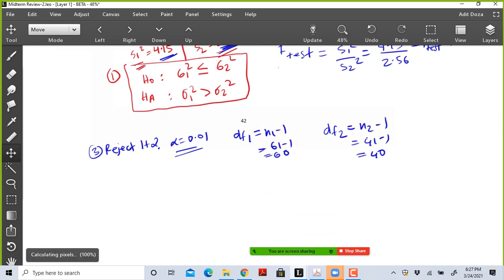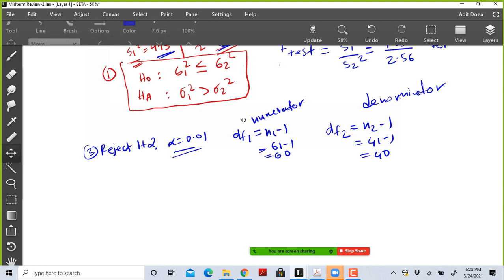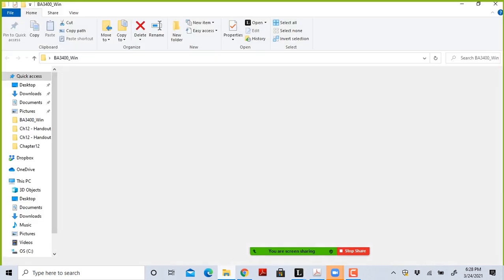So first one is the numerator degrees of freedom. This is the denominator degree of freedom. So we will use critical value approach because in the exam we won't have Excel to calculate p-value, right? So we have to use F table.